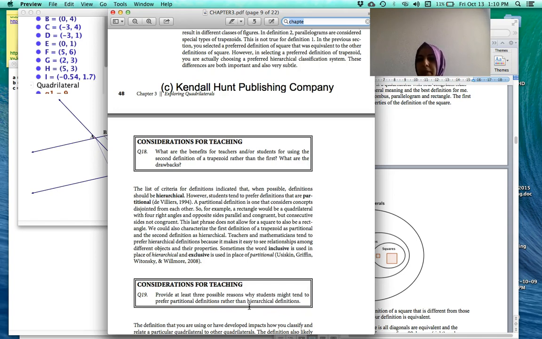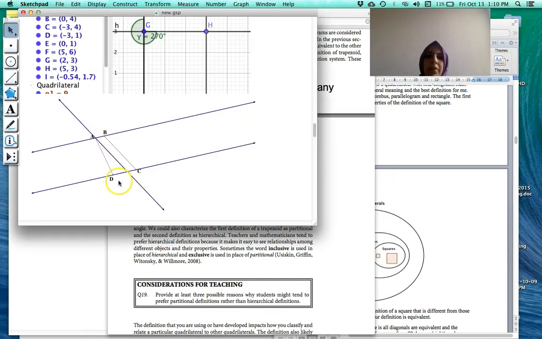If there is just one pair of parallel sides, it is a trapezoid. If there is no pair of parallel sides, it is a quadrilateral. I can say the benefit of definition 2 is that students will know it is not obligatory to have exactly one pair of parallel sides to be a trapezoid. In my opinion, the drawback of definition 2 is that it is confusing. If there are two pairs of parallel sides, it will be a parallelogram, but it's not just a parallelogram, it's also a trapezoid.